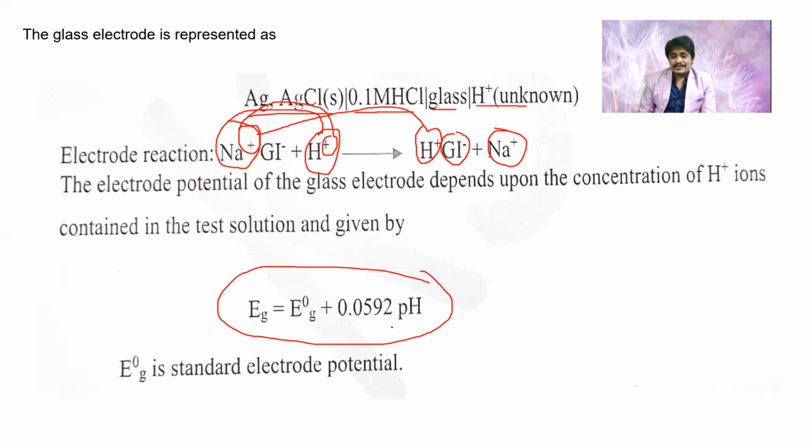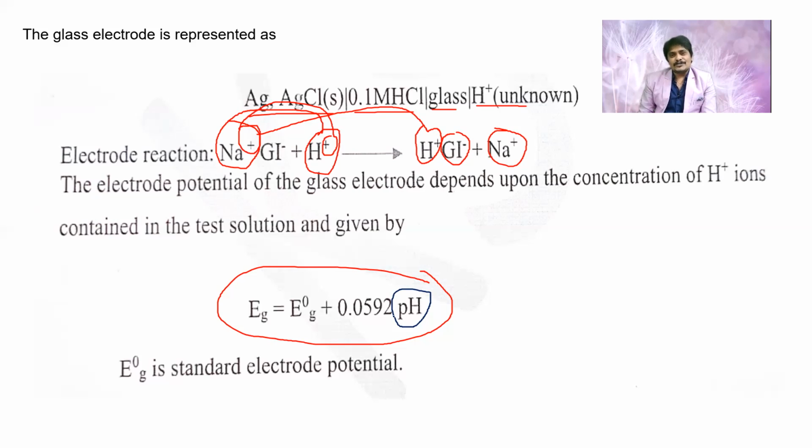Yes, definitely, pH is a part of it. So since pH is a part of the Nernst equation associated with the glass electrode, definitely we can say that this glass electrode is used to determine the pH of the solution, because by rearranging the equation, we can get the information about the pH of the unknown solution. So do remember, students, this glass electrode is most popularly and widely used to determine the pH of the solution.